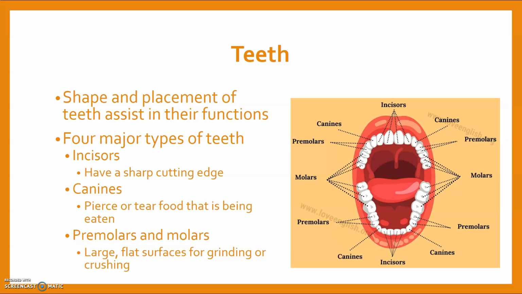And then you have premolars and molars, and these are large flat surfaces that are used for grinding or crushing foods. And in this illustration, you can see the location of where you have your incisors, your canines, your premolars, and then your molars, which are located at the back of the mouth.